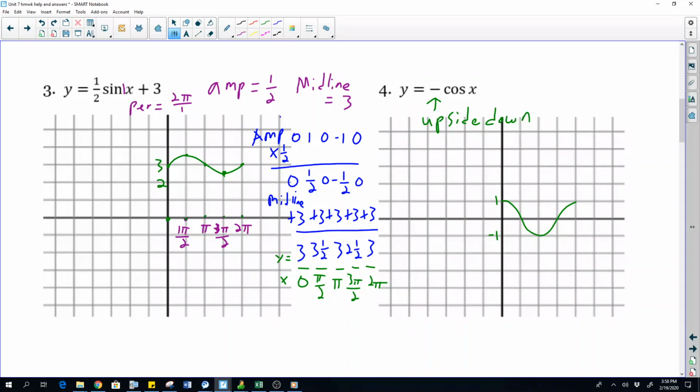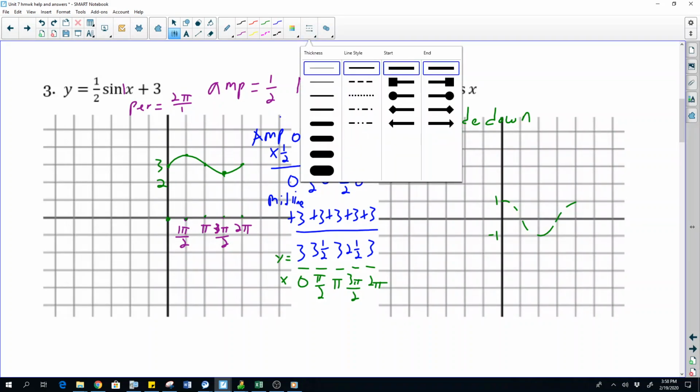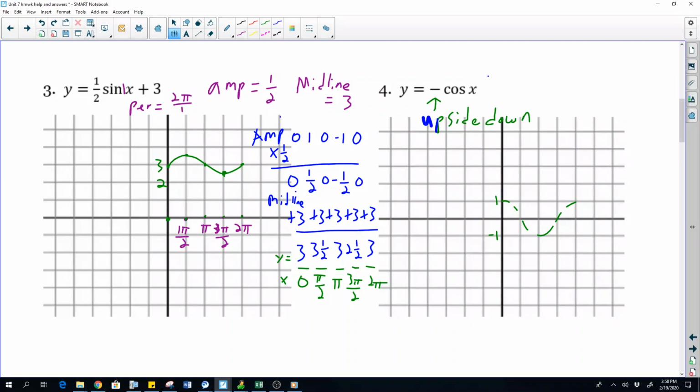So I'm going to use my little eraser and make this a dashed cosine, just to show the reader that it's not the actual answer. The actual answer we're going to do in blue, and it's going to be upside down.